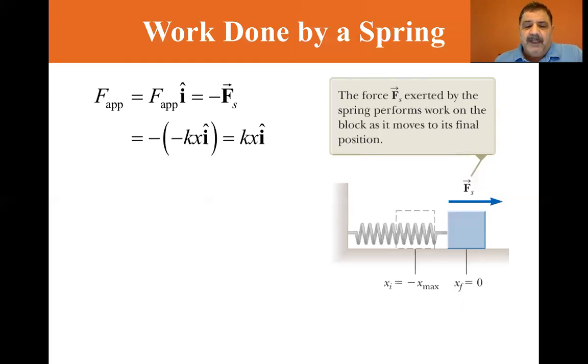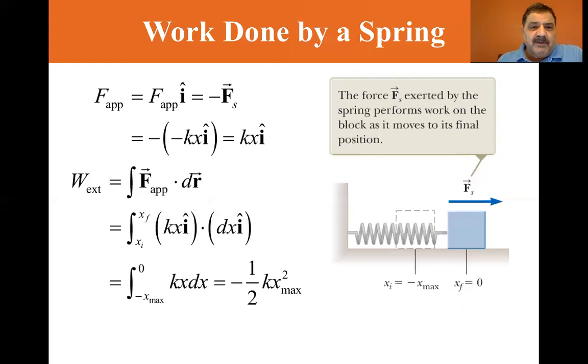The work done by the applied force on the system is as follows. The external work is the integral of F applied dot dr, so it's the integral of kx i dot dx i, which is the integral of kx dx, equal to 1/2 k x max squared.